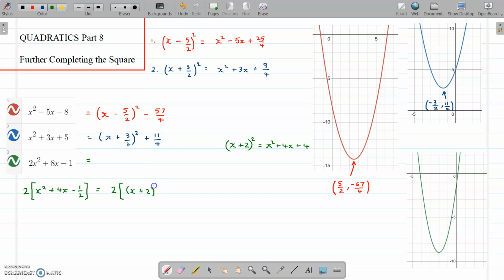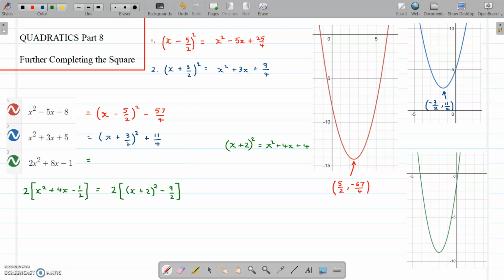Remember that bit there, the x plus 2 all squared, is giving me this. So I need to take away from it 4.5 basically to get to this. So the 4.5 is 9 over 2. And remember, that's all inside this big square bracket multiplied by 2.